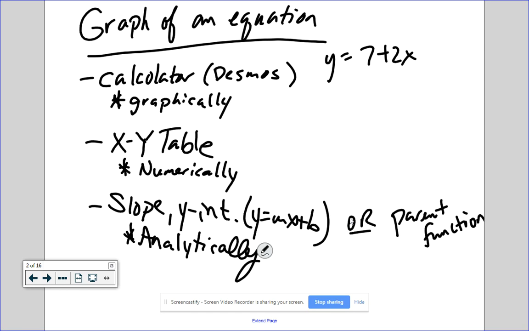So the three ways we look at graphs: graphically, numerically, and analytically.